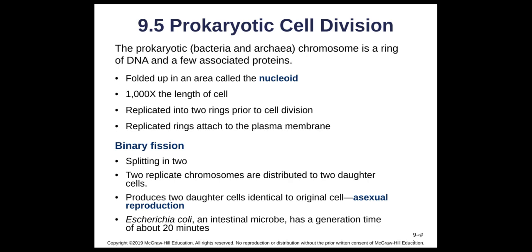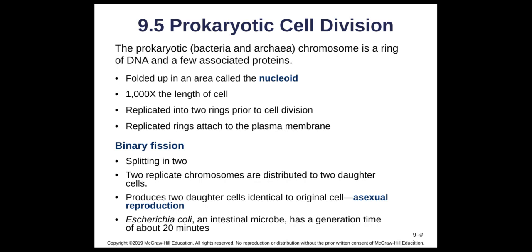Then the division part is called binary fission, and this is when we split the cell into two. Those two replicated chromosomes are distributed, one into each cell, and it is a type of asexual reproduction. We're making two exact copies.